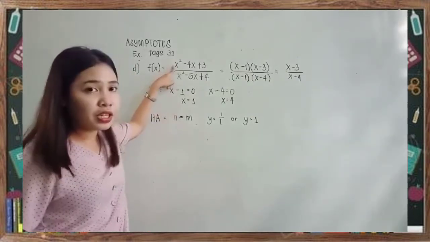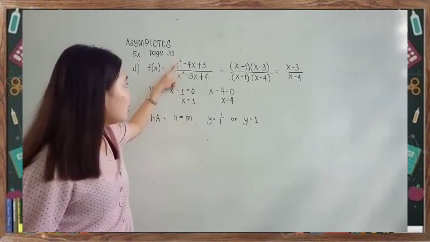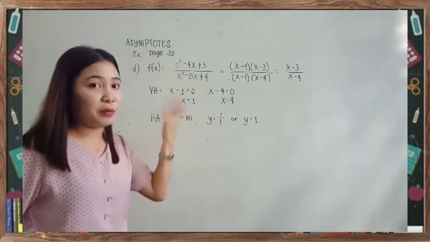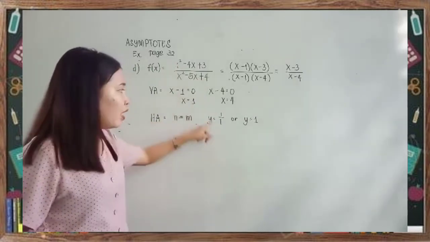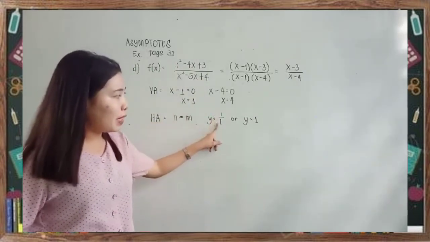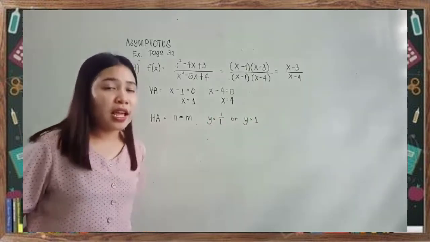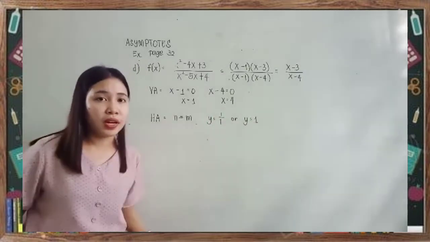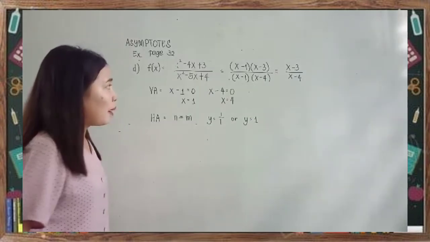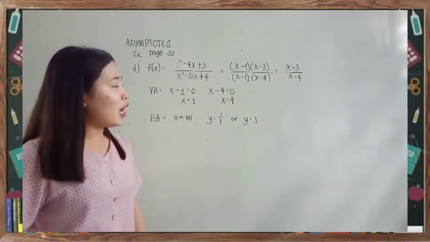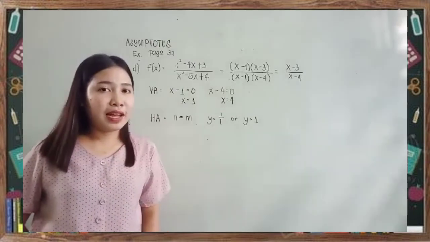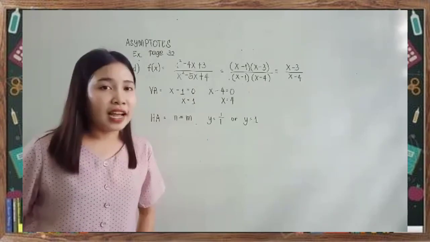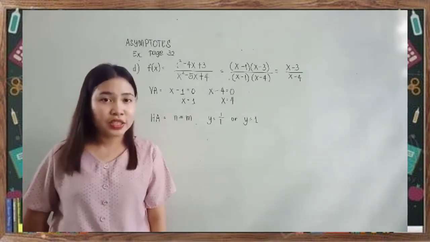So, ang coefficient ng numerator ay 1, at yung denominator ay 1. Then, we will divide them. Okay, so 1 divided by 1 is equals to 1. Okay, so therefore, ang horizontal asymptote ay y is equals to 1. Okay, so kung mapapansin nyo na merong red na factors dyan, ibig sabihin, yun yung hole dun sa ating graph ng function na yun.